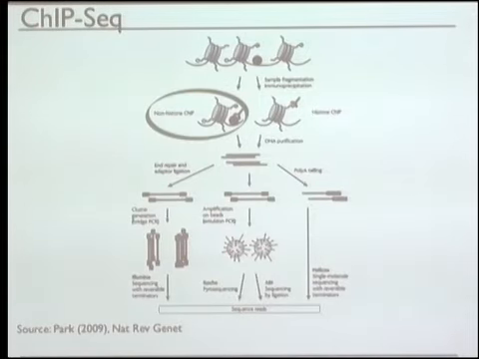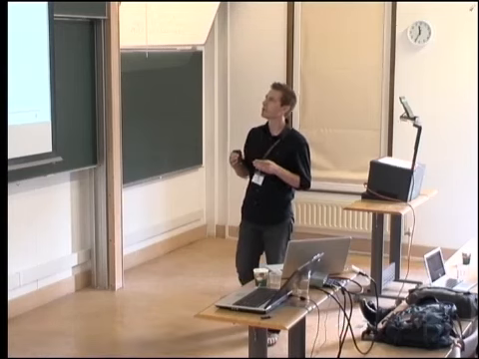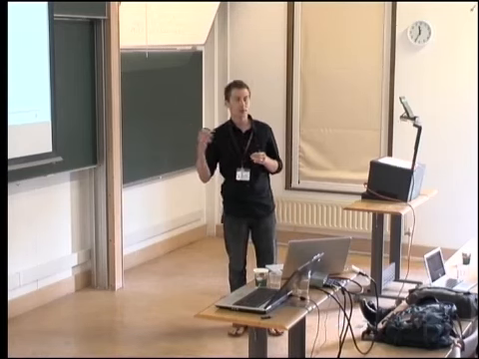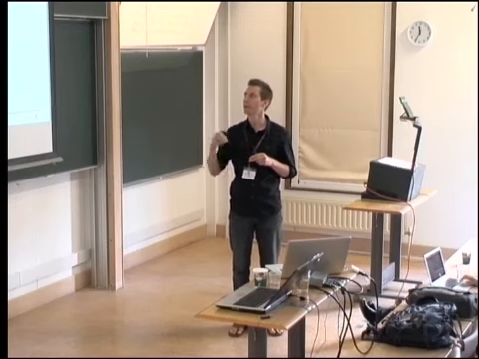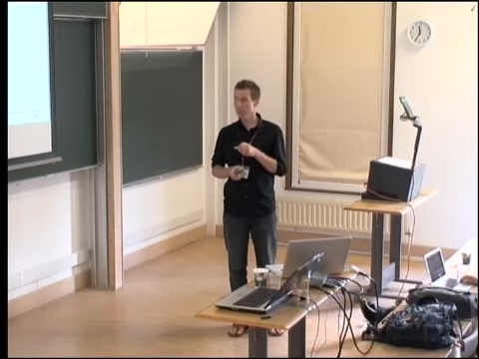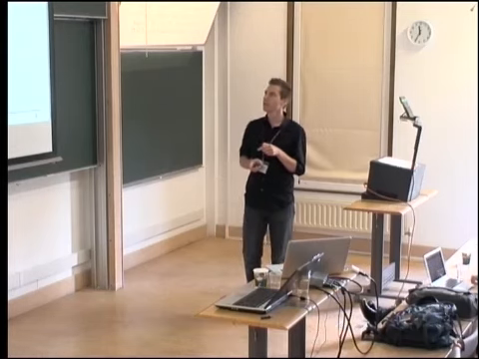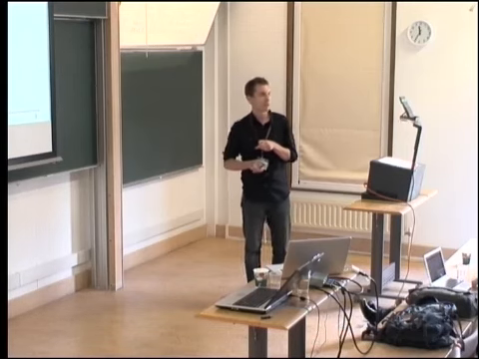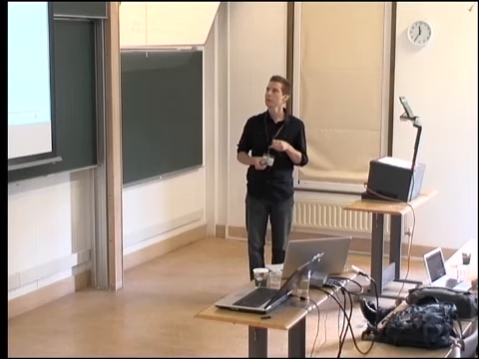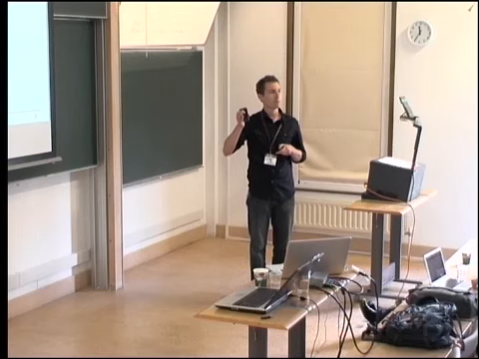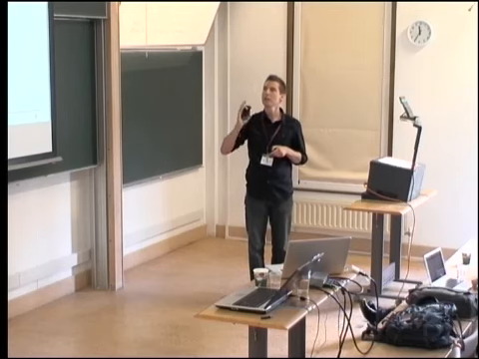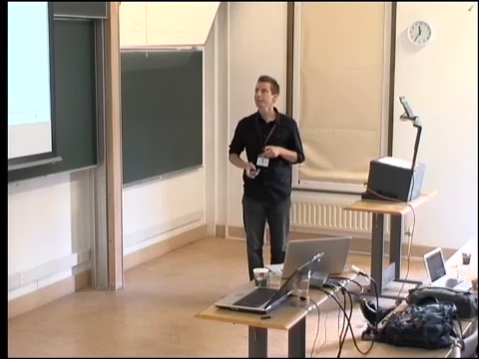But here we will mainly look at non-histone ChIP, trying to enrich the fragments that have the transcription factor bound on them. Then you fragment these and use sequencing to get the sequence and map that back to the genome, to tell here's the transcription factor binding to the DNA, here, here, and here, and so forth.